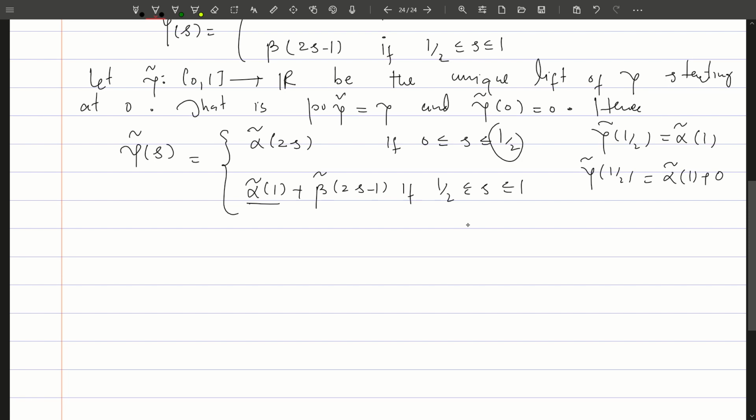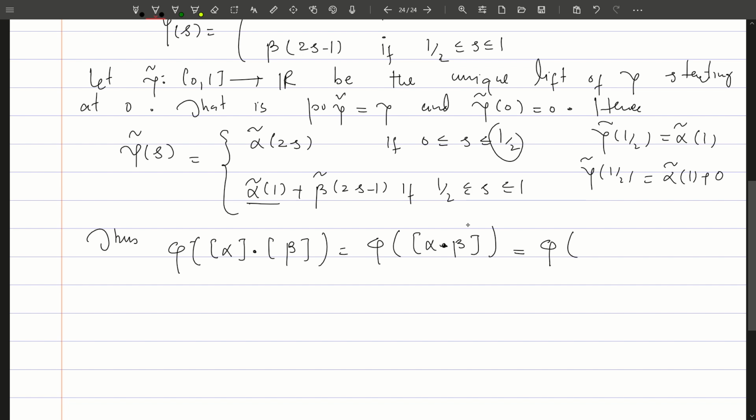So thus, phi of the homotopy class of alpha product with the homotopy class of beta is equal to phi of the homotopy class of alpha product with beta. This is the product composition. So this will be phi of the homotopy class of gamma.